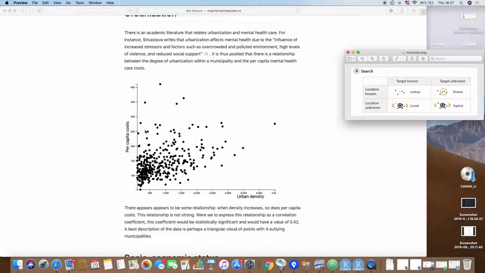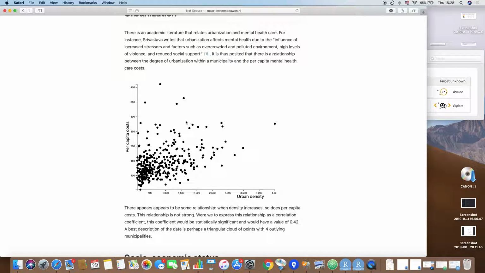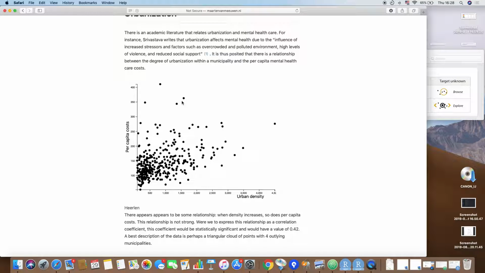Then where you're looking at variation, like why do these costs actually differ? Here I plotted the per capita cost versus the urban density. What you see here is some sort of triangularly shaped cloud of points, and a few points above here. This is actually made in D3, and it's interactive. If you hover over these marks, you'll see the name of the municipality emerge below.